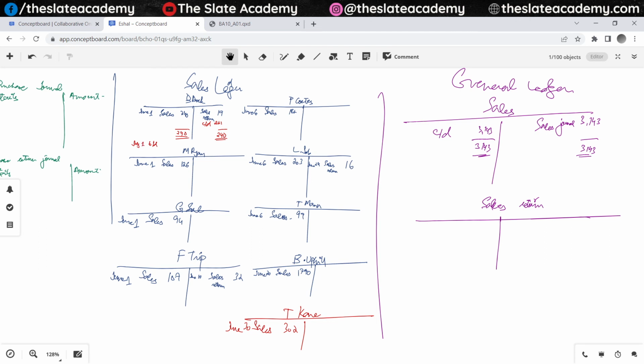Okay, ji. The same way you can calculate carry down balances for all of them. For all of them, obviously, it would be the same amount except for the ones where there is some sales return. Okay, ji. I'm not going into details of that because we have practiced that enough before.